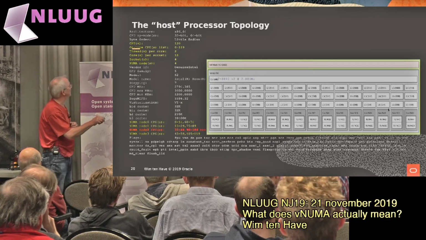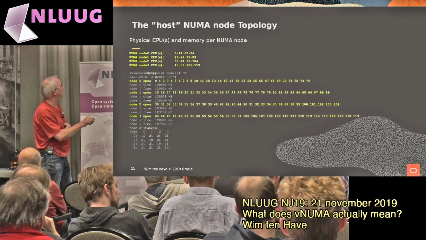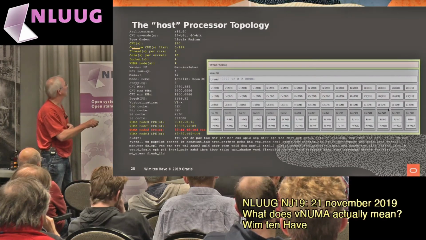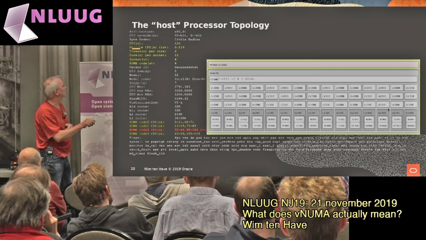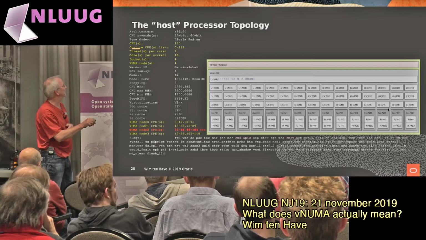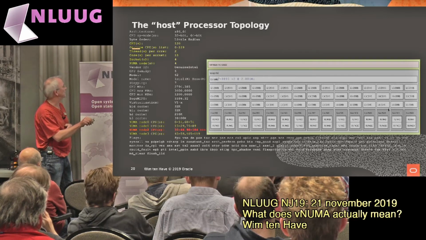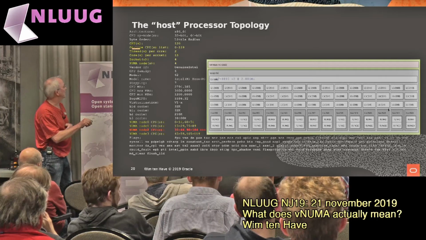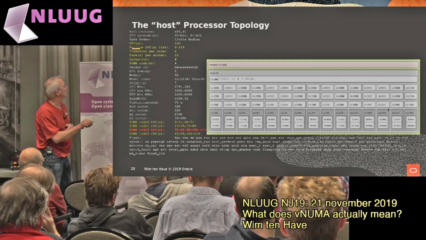Important here is that if I did an lscpu on the host, it tells me that NUMA node 0 has these CPUs, or physical CPUs, assigned. And let's take the image for node 2, which is illustrated over here. It has 30 to 44, and a group for 90 to 104.